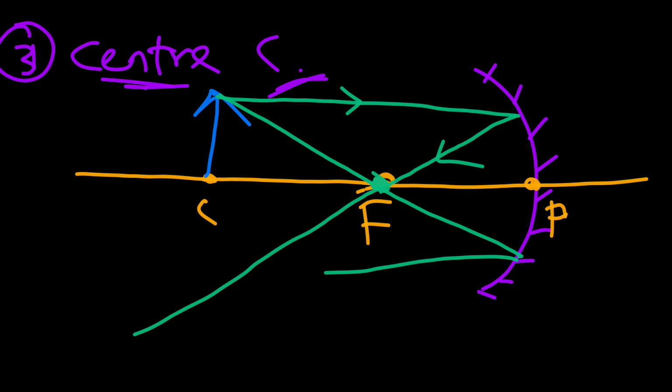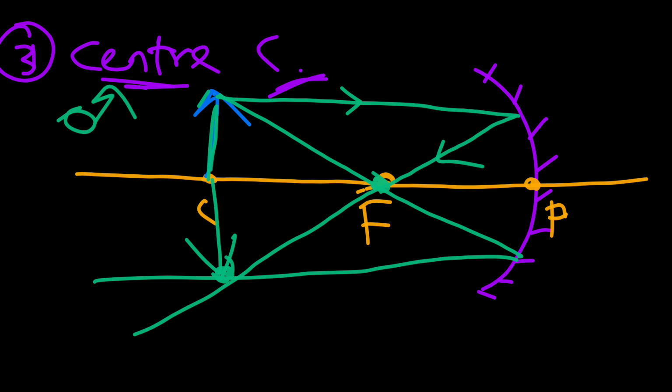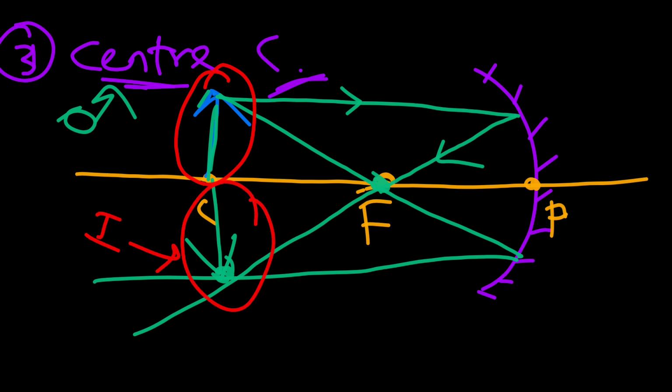After reflection, it passes and meets at one point over here, which is exactly below C, right? Which means, coming to the characteristics, object is at center. This is the object. Above the principal axis is object. Below the principal axis is image. Image is also at C.